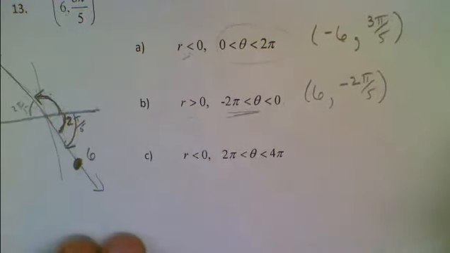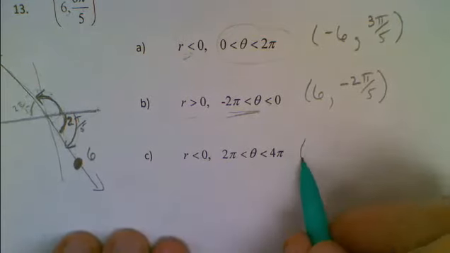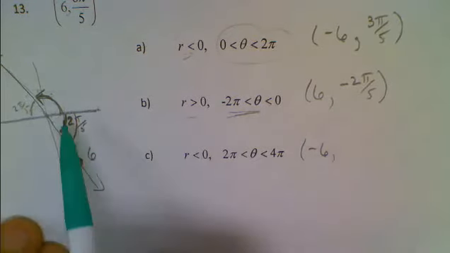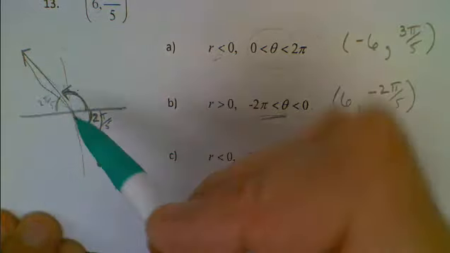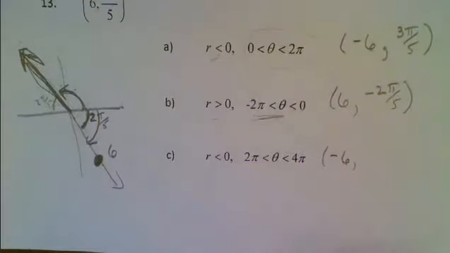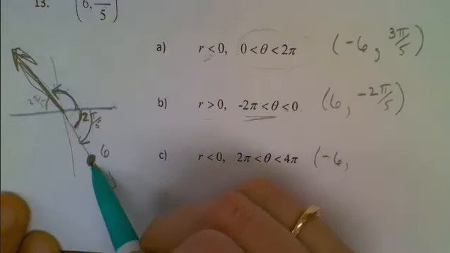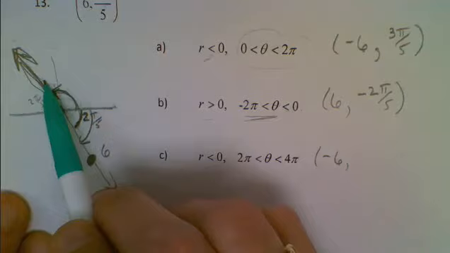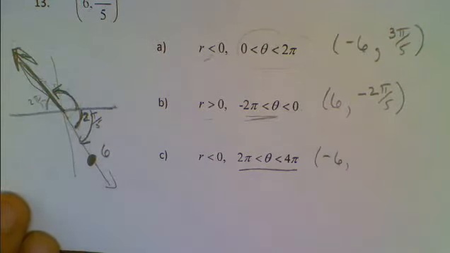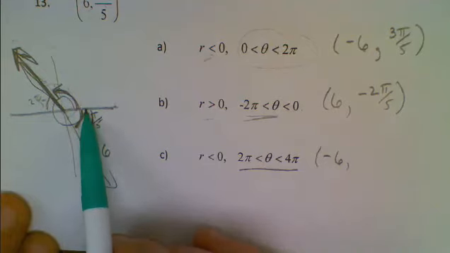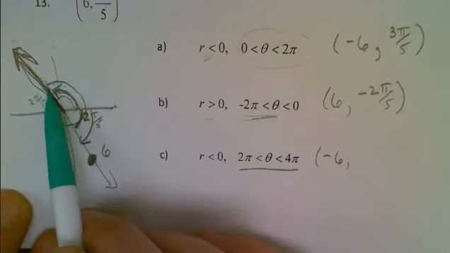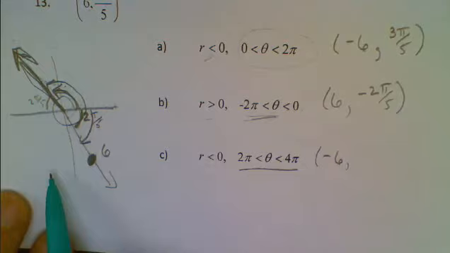And then the last one, r has to be negative, so I have to use negative 6. So that means if I'm using negative 6, I want to name this terminal side. Because if this is my terminal side, and I want to go negative 6 to get to that point. So I need to name that angle, but between 2 pi and 4 pi. So that means I have to go around once, 2 pi, but then I have to go an additional, what is that?